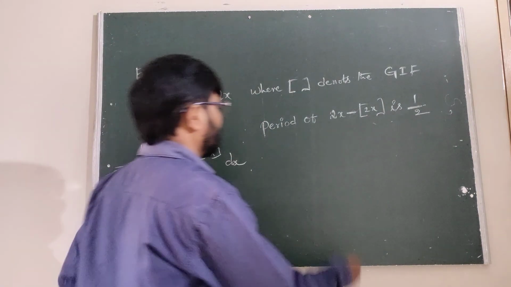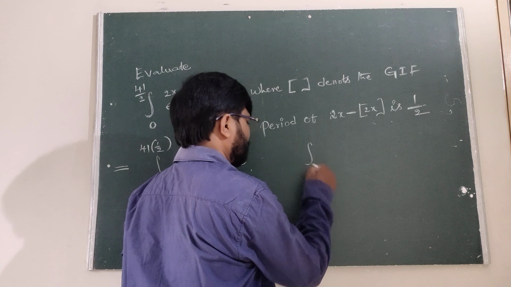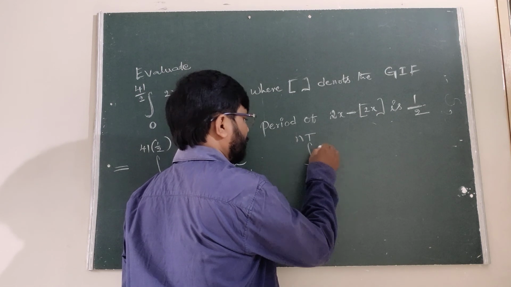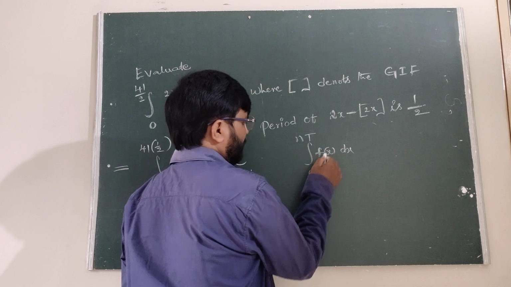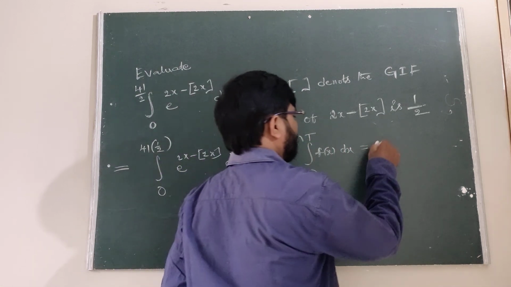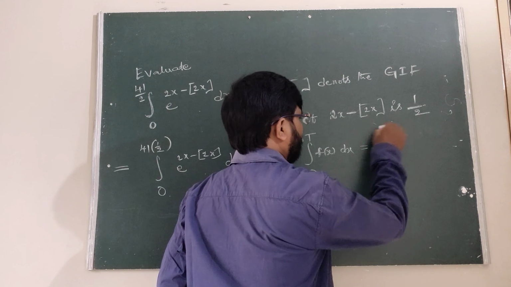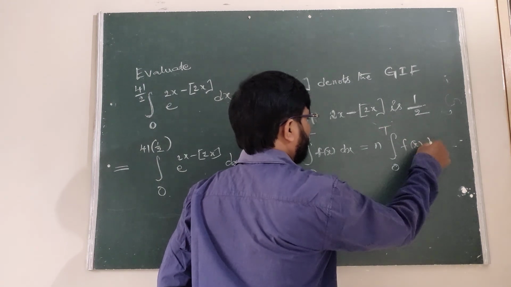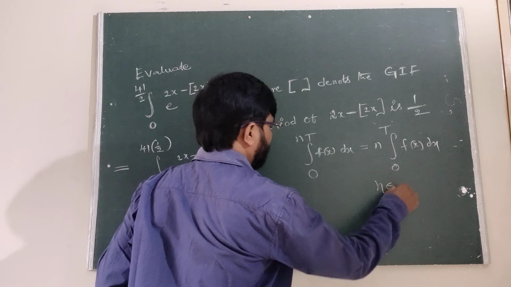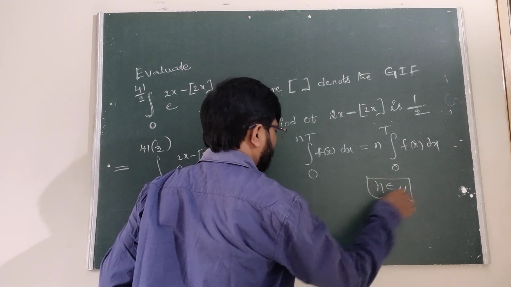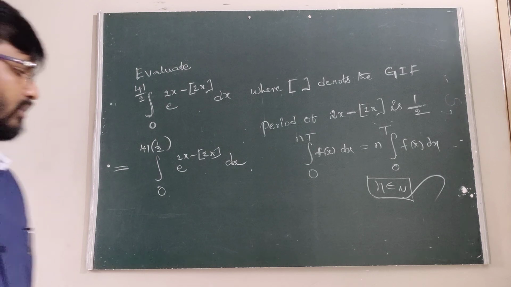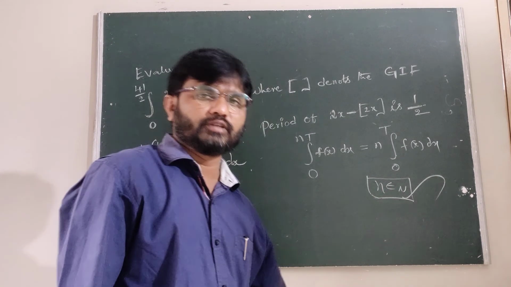We have to know the property: integral 0 to nt of f of x dx, where f of x has the period t, can be written as n times the integral 0 to t of f of x dx, where n belongs to the natural numbers only. That is our very important observation: n must be a natural number.